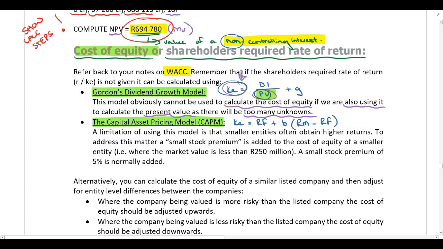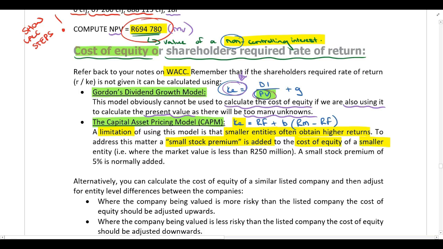However, please note, if you are calculating the cost of equity using the capital asset pricing model, and you are then going to use that cost of equity to value the shares in a company, it's important that you understand that one of the limitations of using the capital asset pricing model is that smaller entities can often obtain higher values. So in order to address this, we add a small stock premium to the cost of equity of smaller companies.